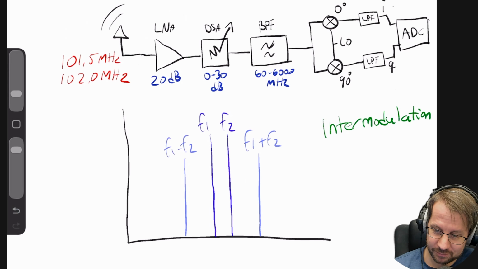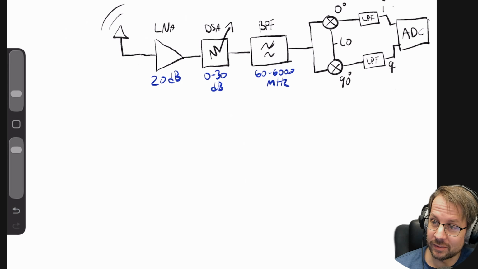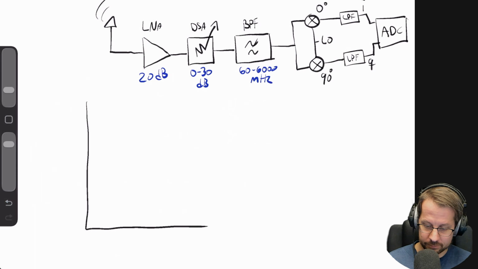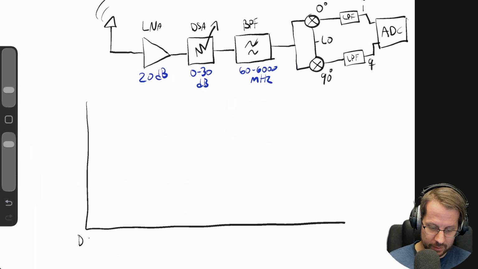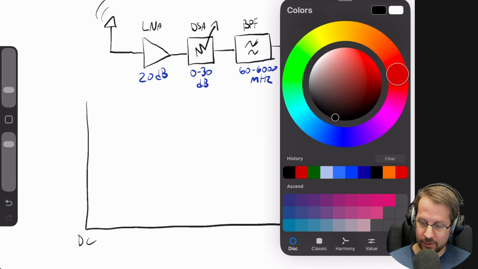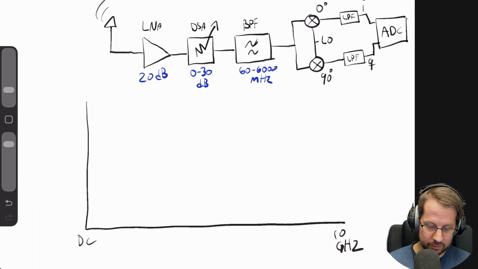So now let's do a practice and see how this will look like in a spectrum view. So here we take a frequency here, DC to 10 gigahertz, and we have the signal here.